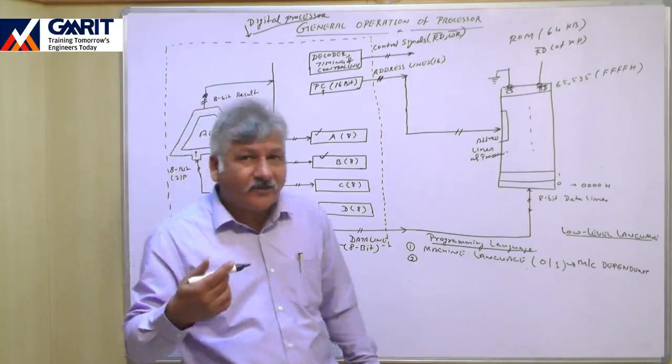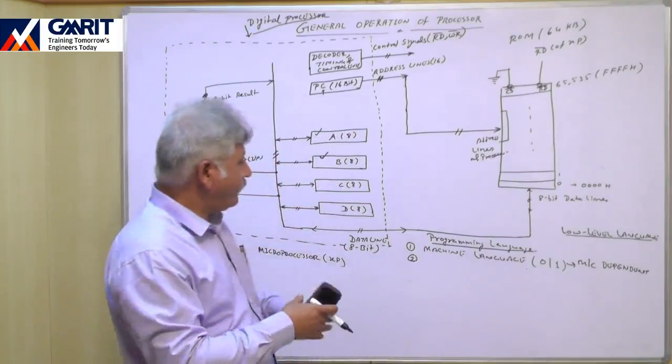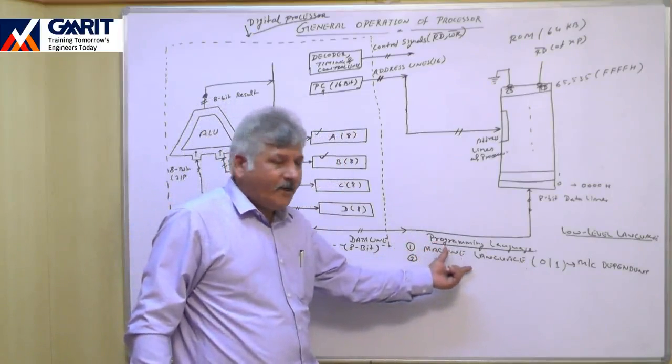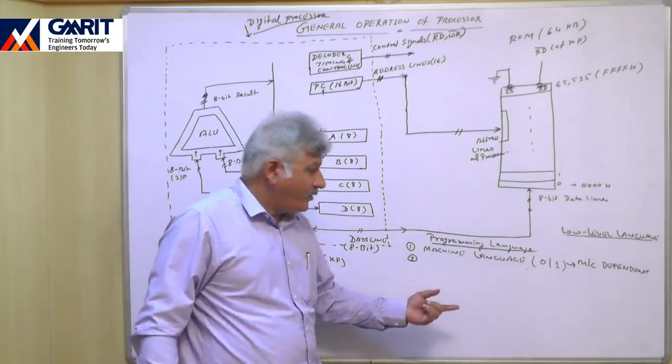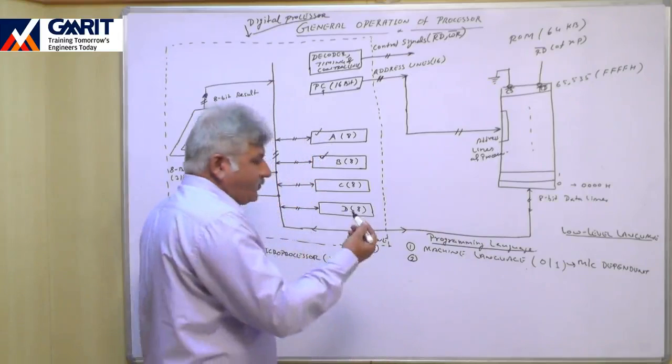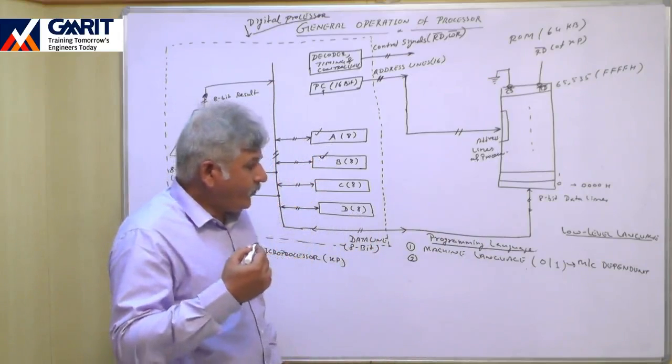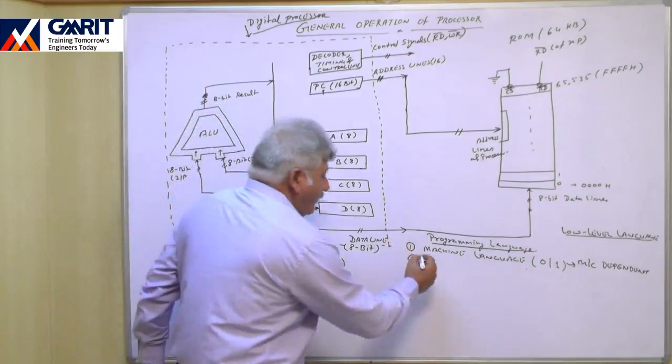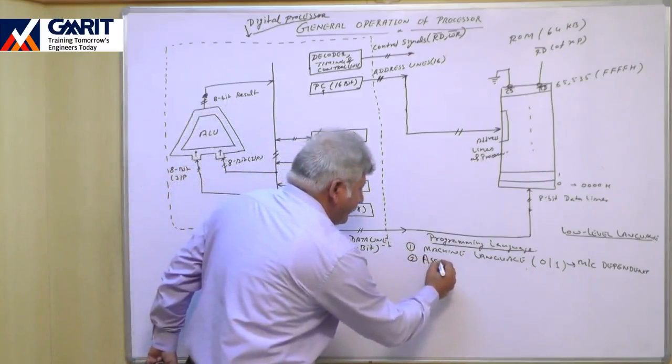So there is always a chance of errors when we are writing a program in machine language, and it is a very tedious job. So what happened later on, people designed assembly language.